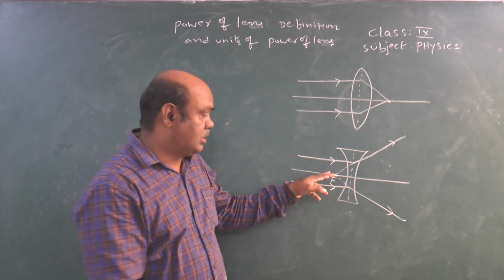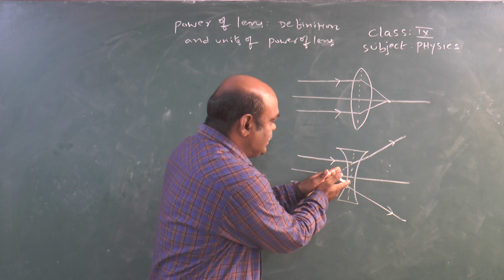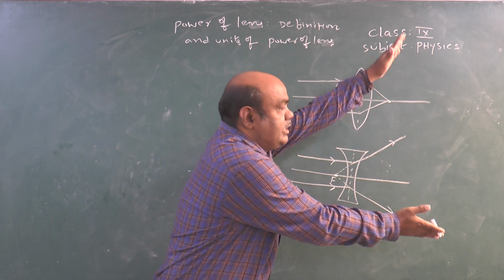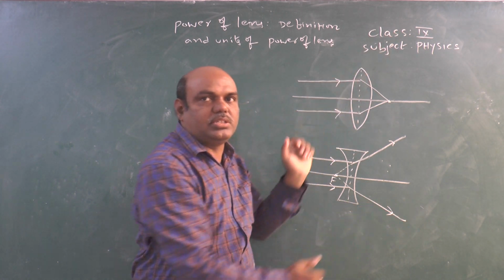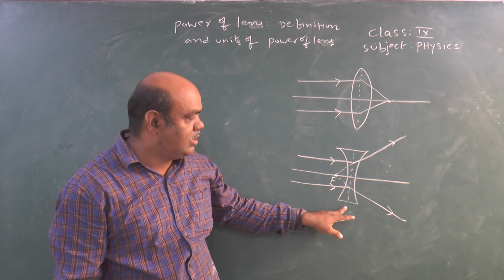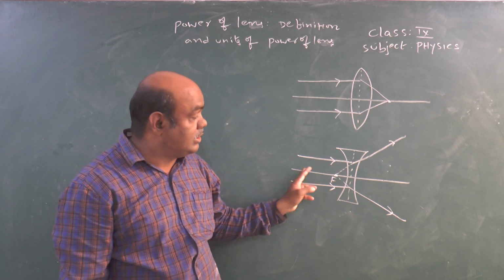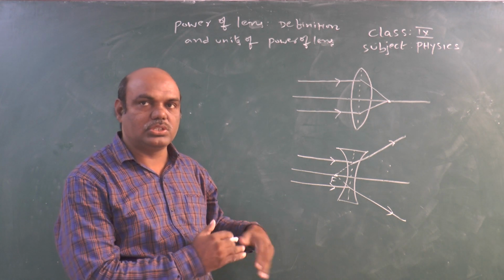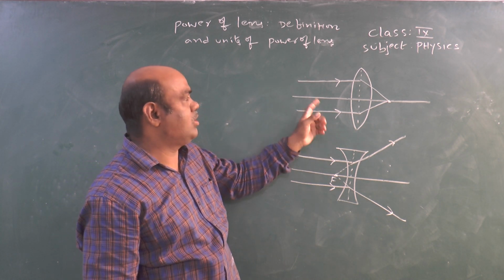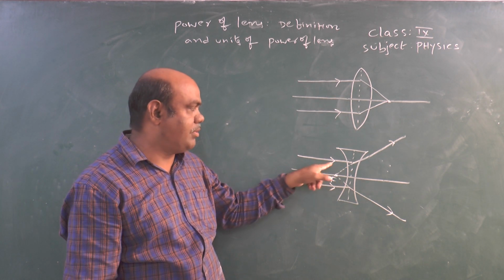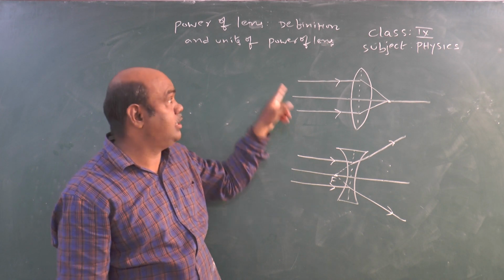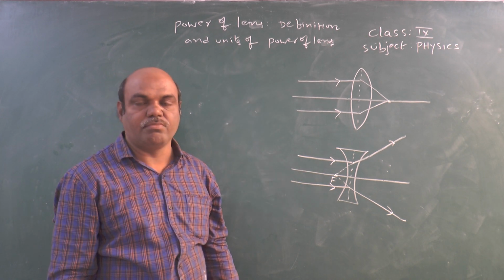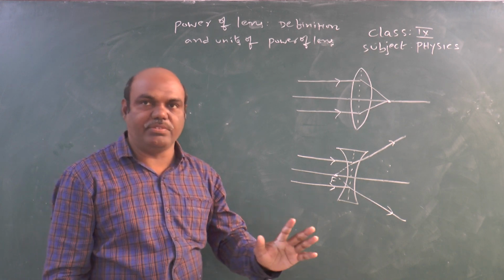So here we feel that the light rays diverge from this point into different directions. That's why this is called a diverging lens. So in this case also the light rays are diverged. So that ability of converging or diverging of the light rays is called the power of a lens. So that is the general definition.